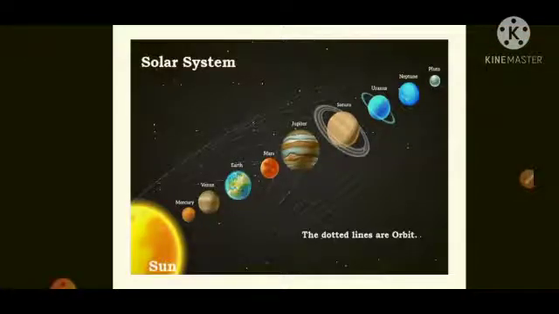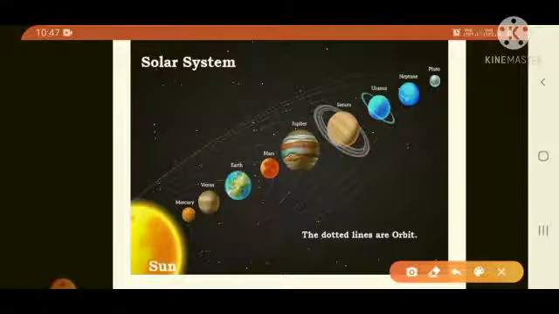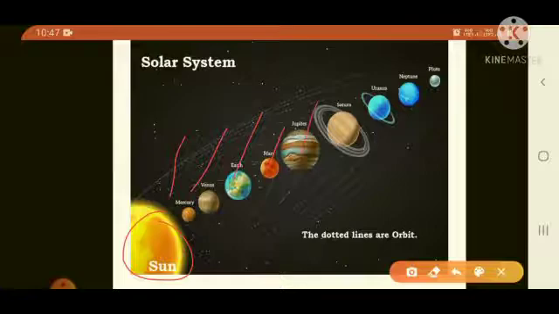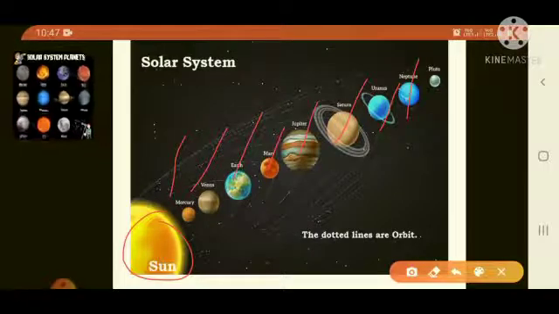The 8 planets according to distance from the sun are, see here children in the picture, Mercury, Venus, Earth, Mars, Jupiter, Saturn, Uranus, Neptune.